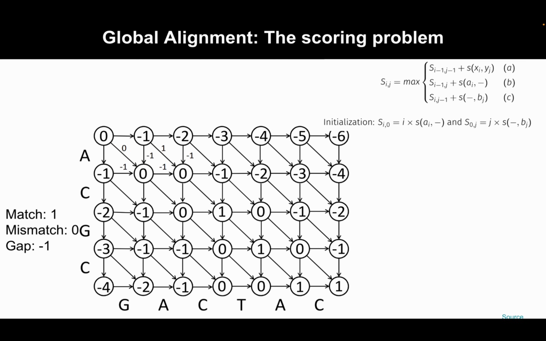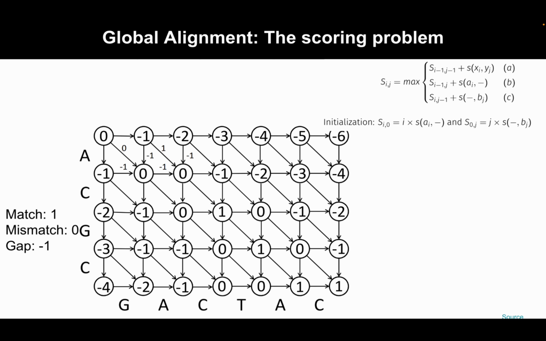Once you have done the initialization, you start proceeding, and you still have to fill in the entire matrix, right? That's the only way to figure it out. There are no shortcuts in life, and no shortcuts on this path either. The only shortcut you can take is to go through these three possibilities for each node.